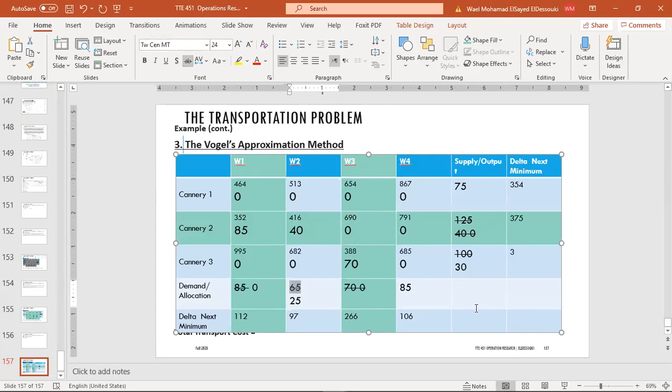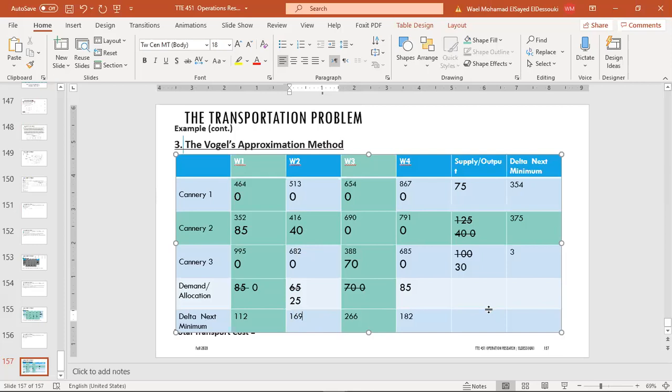Now this one is not going to change. This one might change because we have 685 and 867 minus 685. So this one is going to be 182. And here we have 682 and 513. 682 minus 513 is 169.